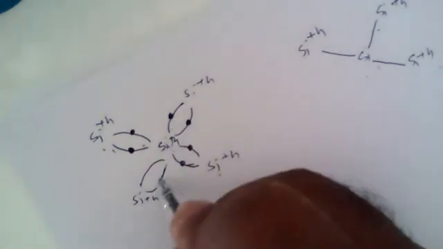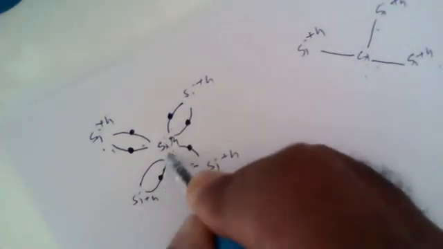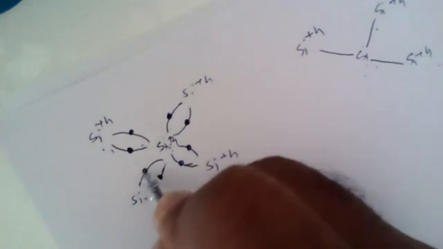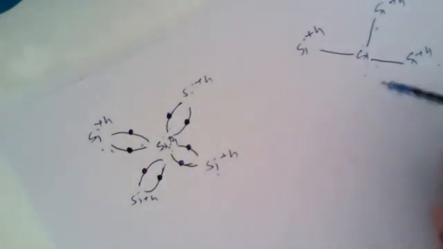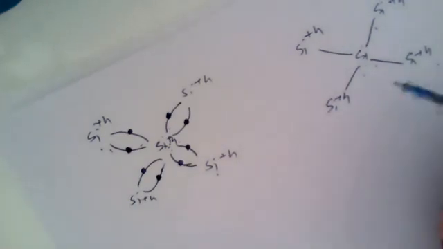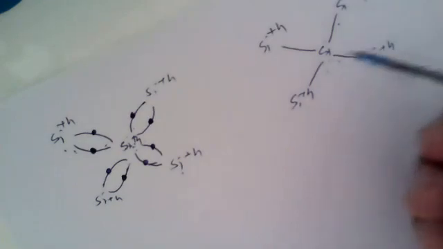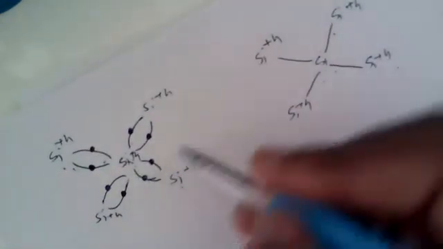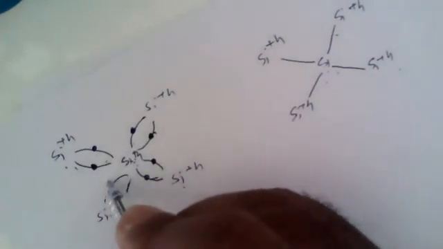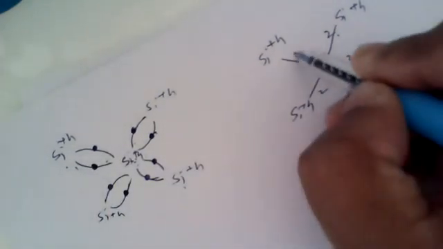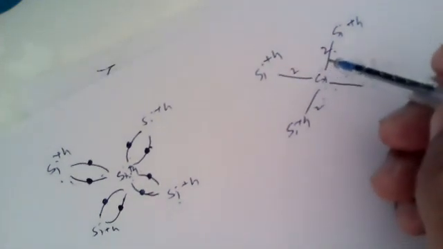Then the 3pz electron of the central silicon and the 3pz electron of the surrounding silicon also share a common pair of electrons, and they form the bond between these silicon atoms. So in the formation of these bonds, every bond involves 2 electrons.